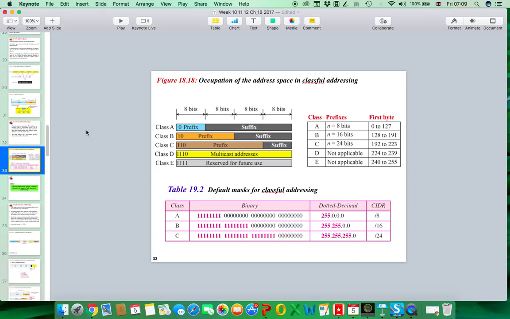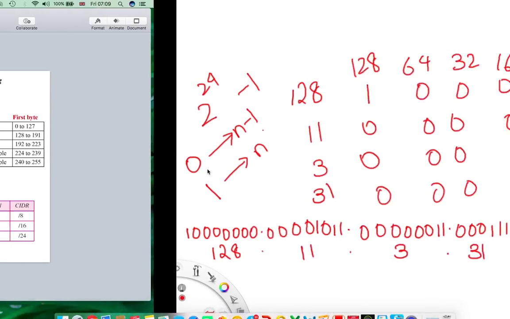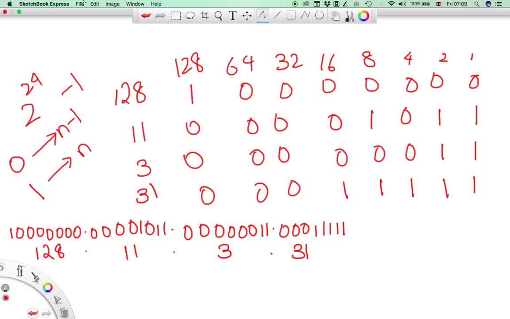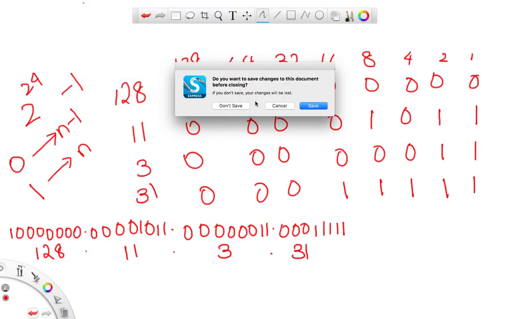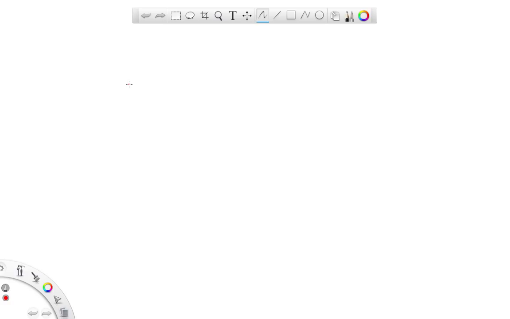Now in this case, we have the subnet mask. Okay? And let's look at what the subnet mask is. This is a very important concept. The subnet mask will show you the network bits in the packet address.